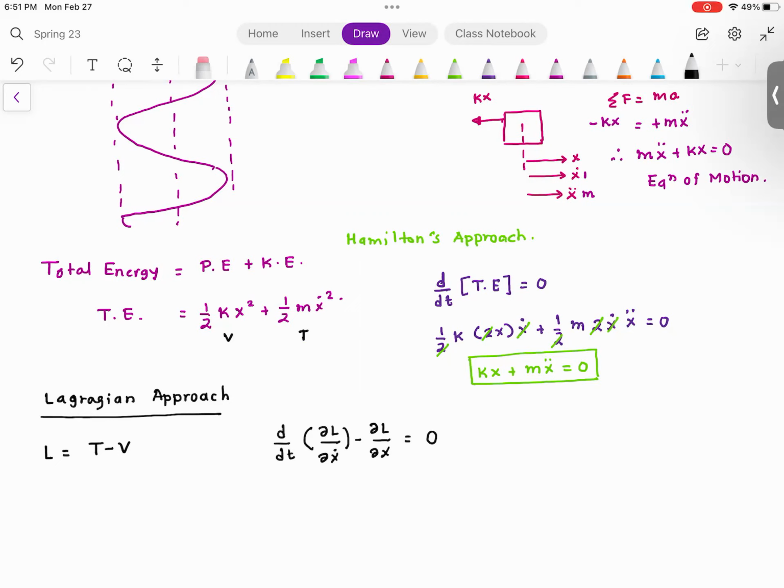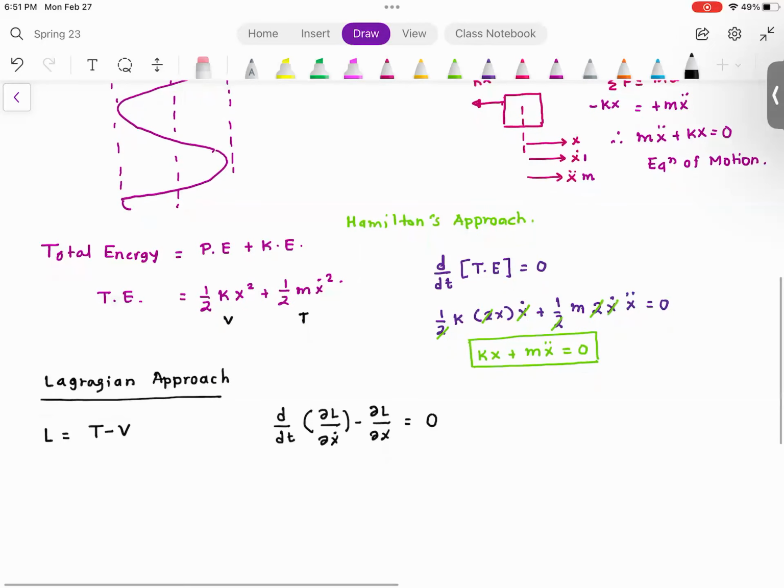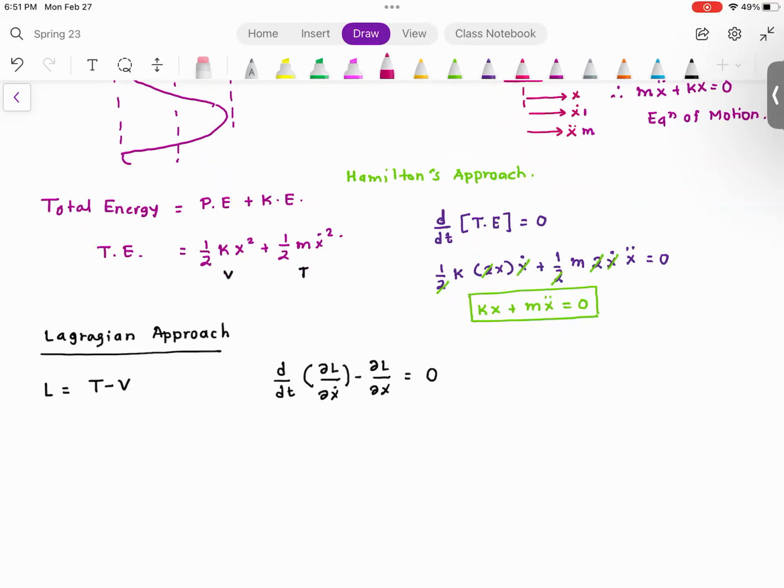So now I'm going to show you how this technique is applicable. First let's find the Lagrangian. T is the kinetic energy, 1/2 m x dot square, minus V, the potential energy, which is 1/2 k x square. Do you agree with me?